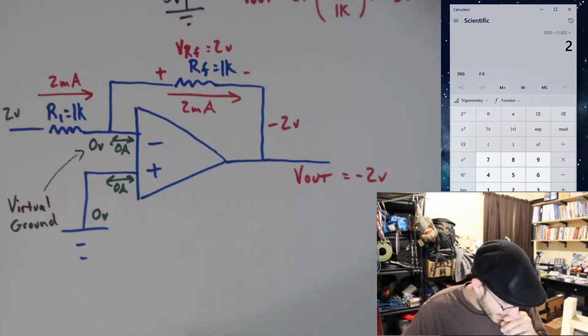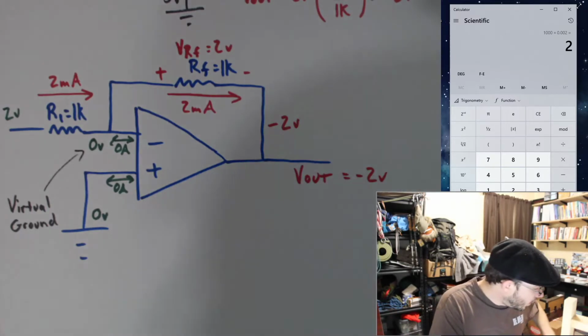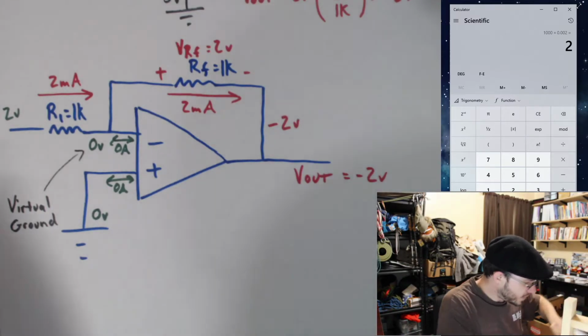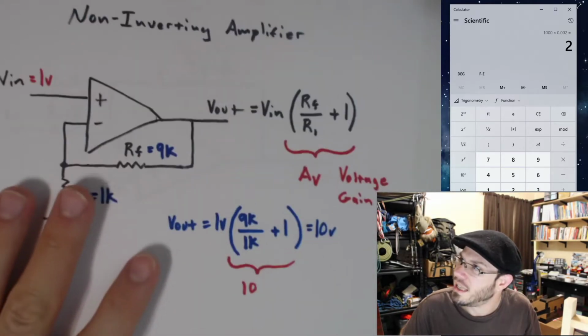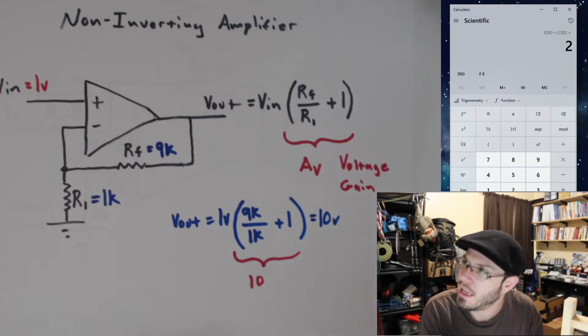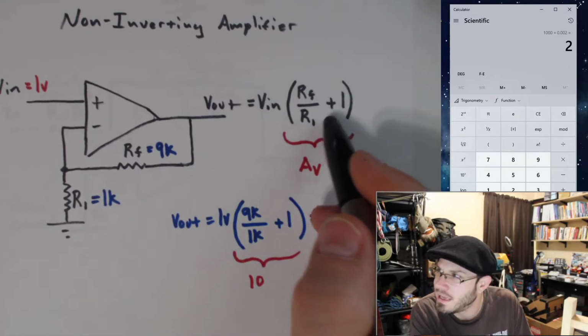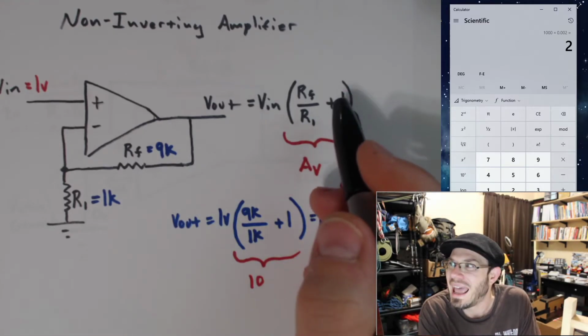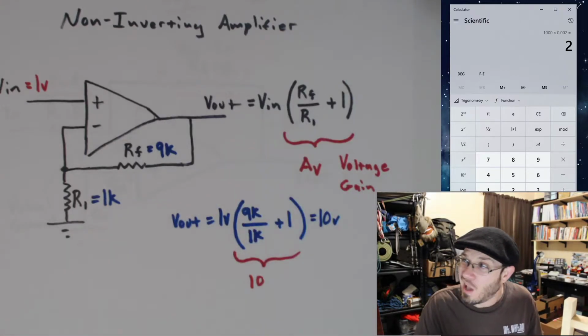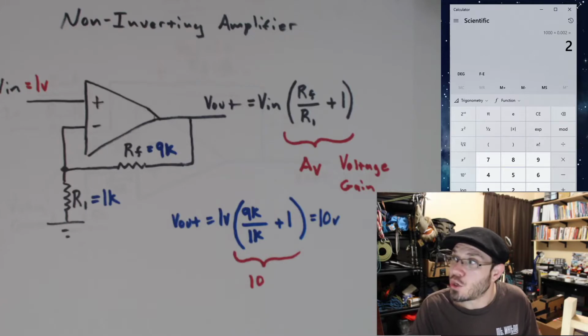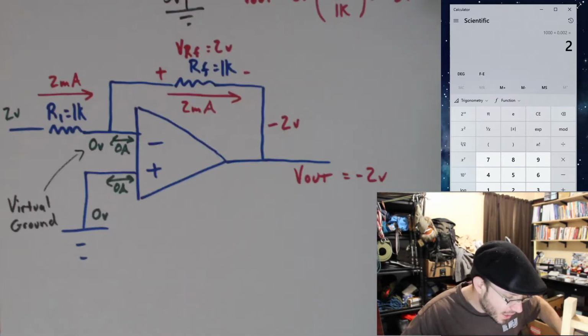So yeah, that's the inverting amplifier. Now, one other note about these two. Notice a limitation that I have here. With a non-inverting amplifier, my gain has to be larger than 1. Anytime I have a gain of 1, that is unity. We call that unity gain.